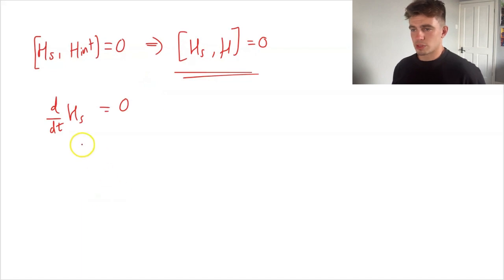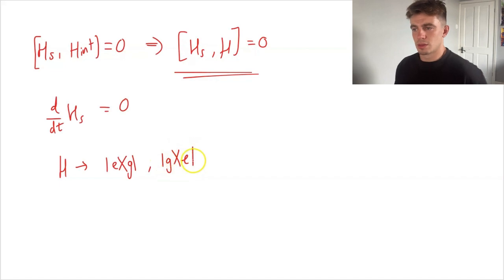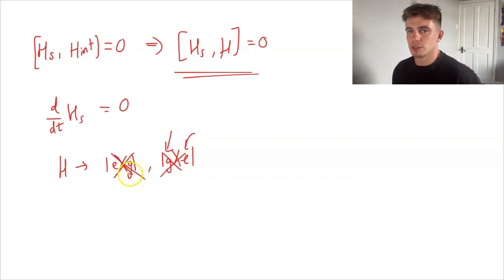And what we also know from the fact that there are no terms within the Hamiltonian that look like EG or GE, it means that the populations in the system density matrix are constant in time. So what's that going to mean?